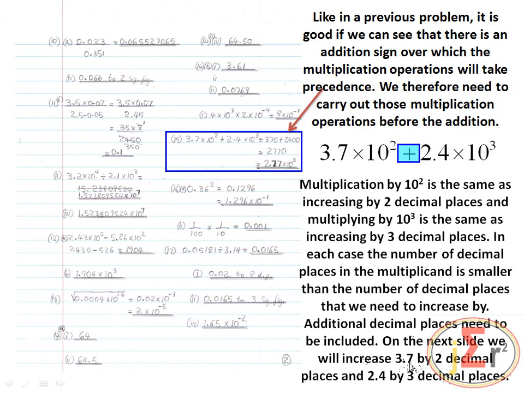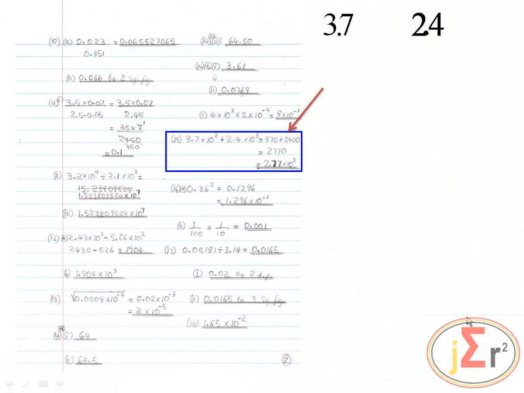We need to increase this by 2 places of decimal, we only have 1. We need to increase this by 3 decimal places, we only have 1. So we will need zeros to make up for that deficit.